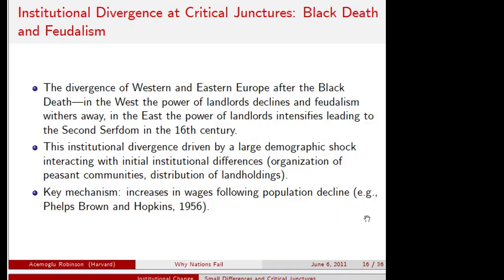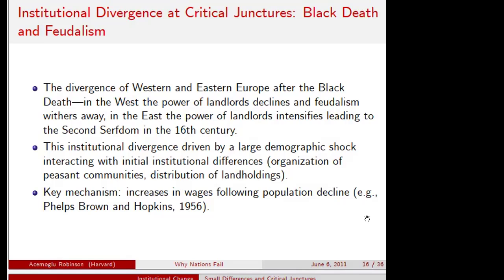They pushed through laws that tied peasants to the land more formally. They restricted their movements. They increased their labor obligations. And historians and economists call this the second serfdom as well. Serfdom that was in many ways more restrictive and coercive than the feudalism that existed before the Black Death.